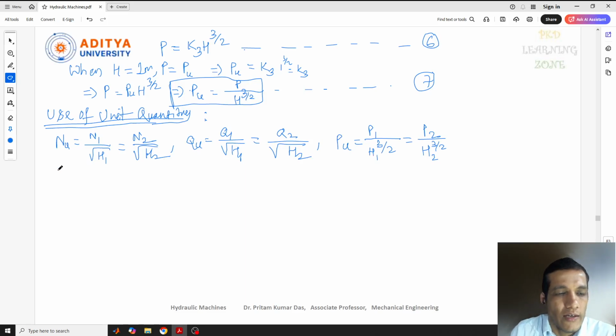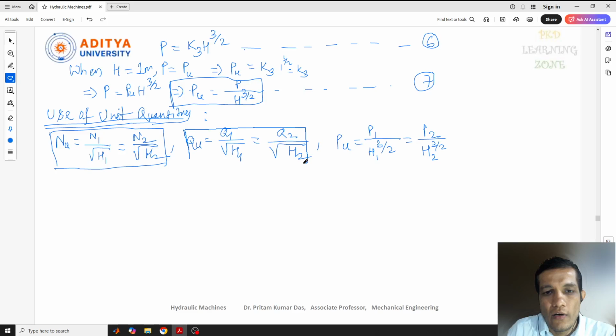So these are the two different turbines I have taken. You can consider multiple turbines also, like H3, and discharges Q1, Q2, Q3, Q4. For different turbines and different heads, the speed, power and discharge can be calculated.